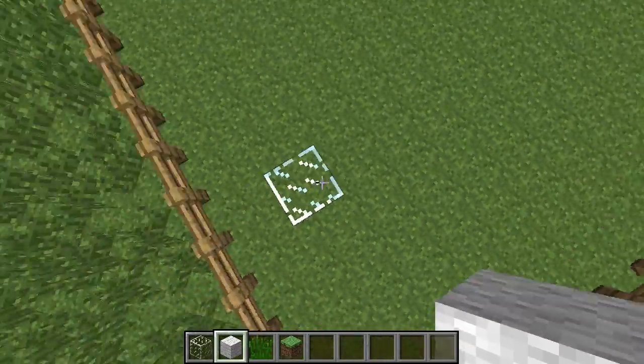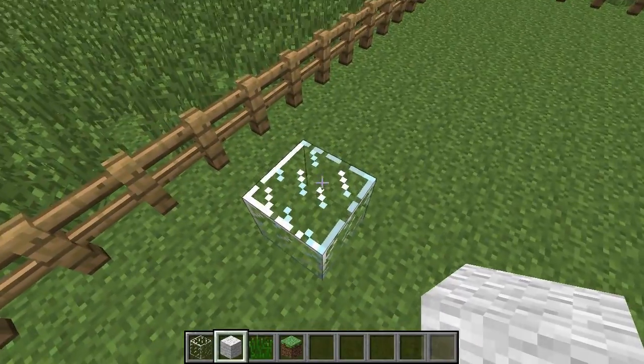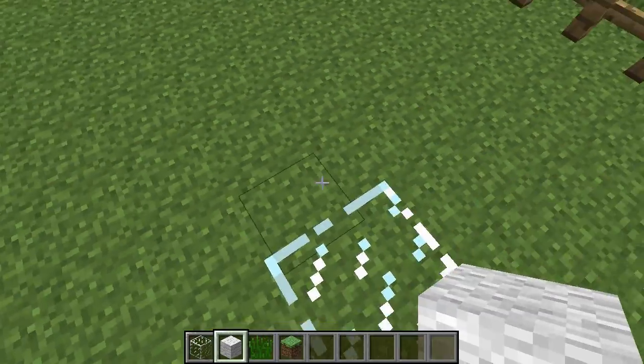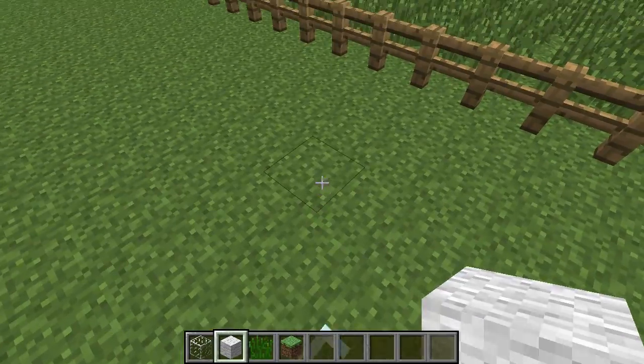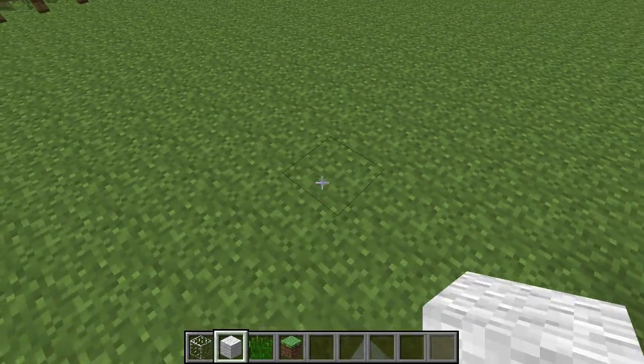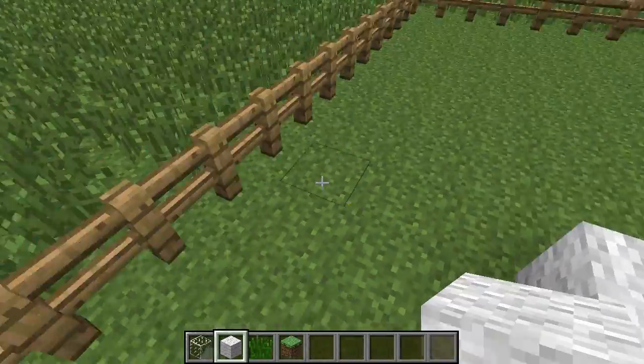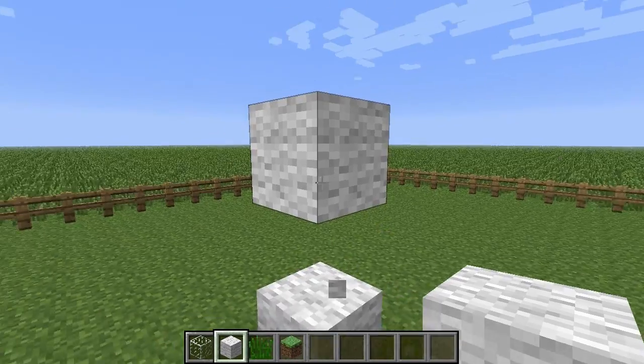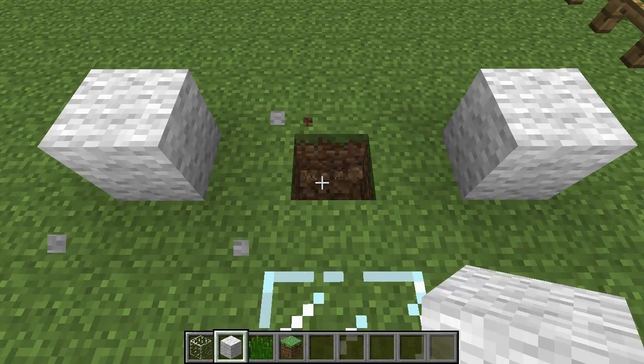It has to find a starting location, but when that starting location is found, it will randomly start picking blocks around here. So it will pick blocks in the same plane. So it will not pick blocks above or below.